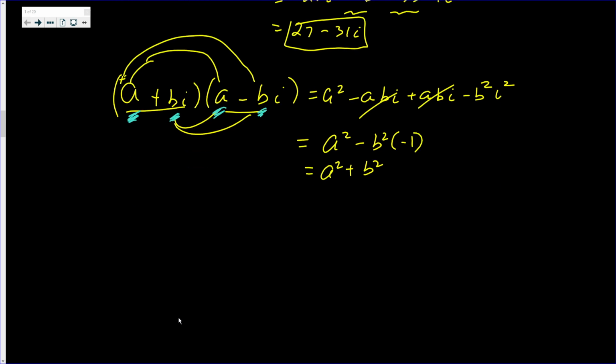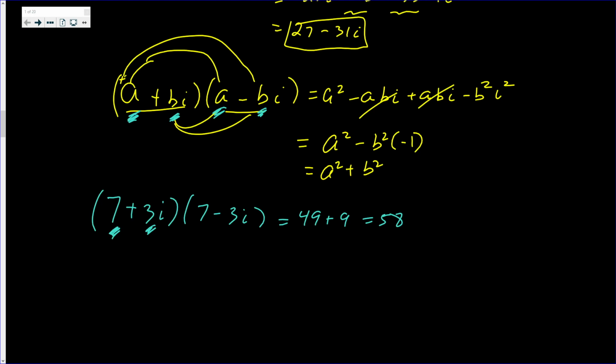Because if I give you 7 plus 3i, and I ask you to multiply it by its complex conjugate, which is 7 minus 3i, remember that's a and that's b. Ooh, I get 7 squared plus 3 squared. Done. 58. That was easy. 3 minus 4i times its complex conjugate.